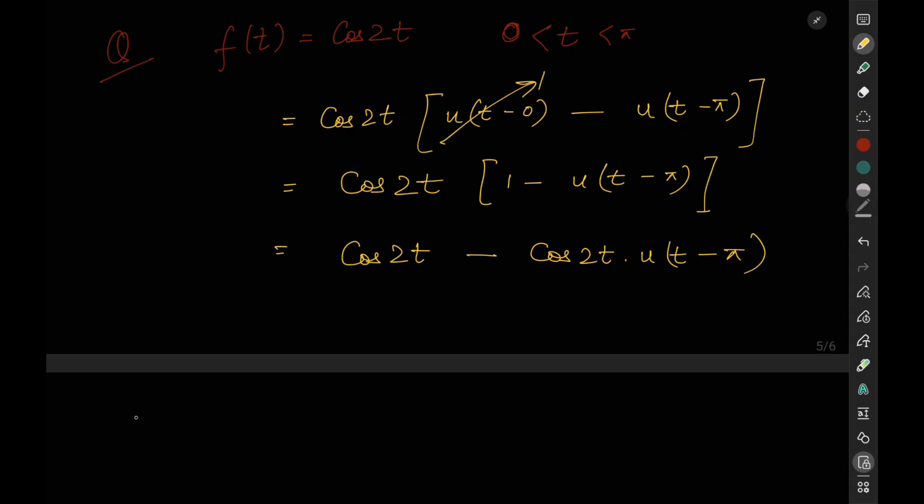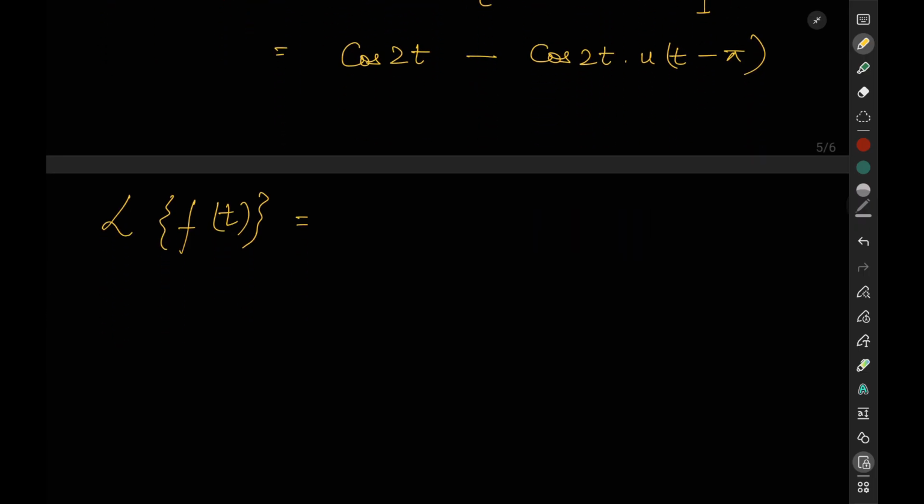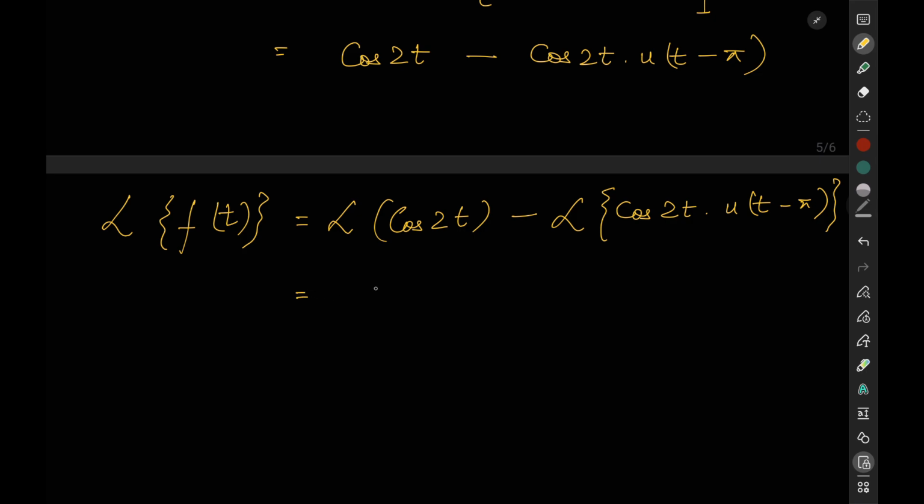Now we need to get the Laplace transform of f(t), which is equal to the Laplace transform of cos 2t minus the Laplace transform of cos 2t into u(t minus pi). The Laplace transform of cos 2t will be s upon s square plus a square, that is 4, minus the Laplace transform of cos 2t into u(t minus pi).